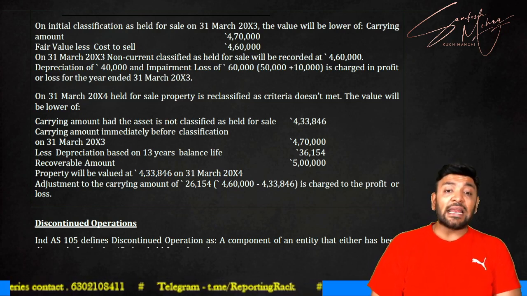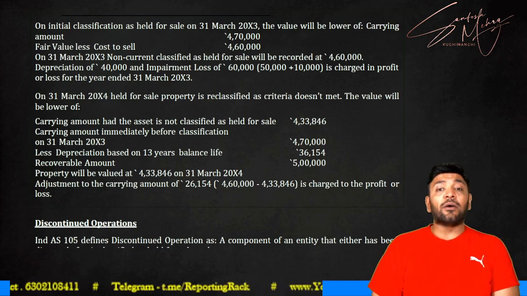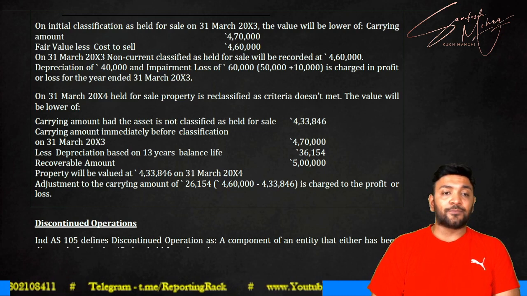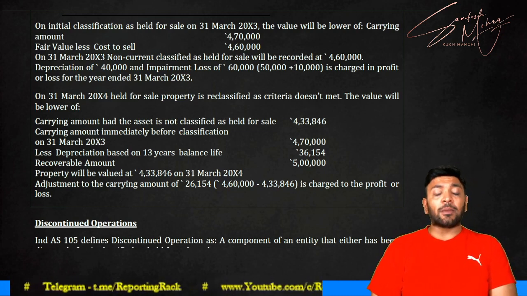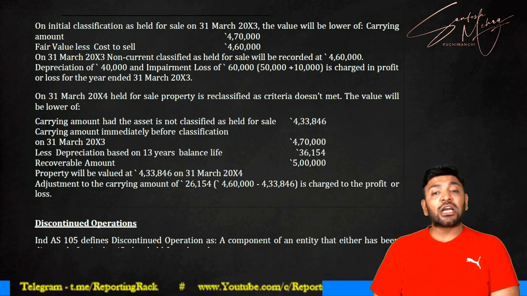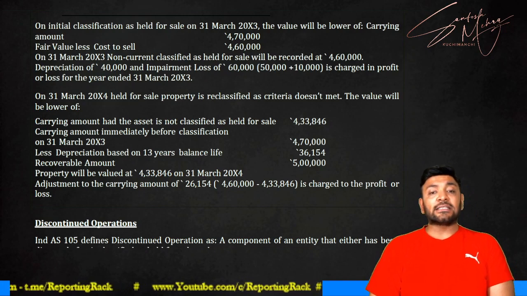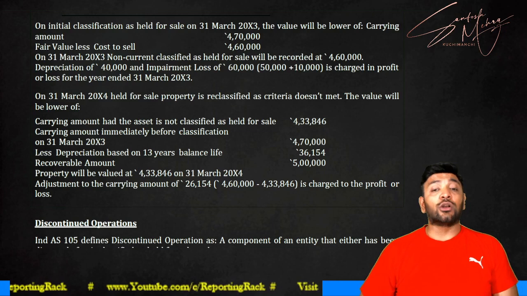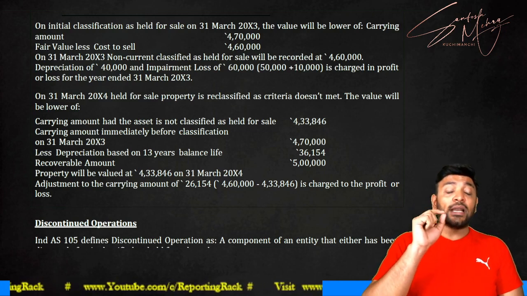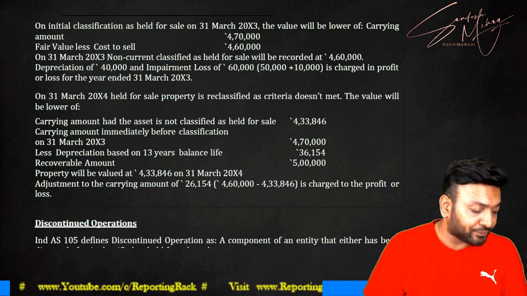So the carrying value, if it was not classified as held for sale earlier, would have been 433,846. Recoverable amount is 5 lakhs. On withdrawal from the plan of disposal, I would have measured the asset at the lower of these two values, which is 433,846, compared with 4 lakh 60, the carrying value of the asset. The amount charged to P&L is 26,154. Exactly the same answer that we have got.